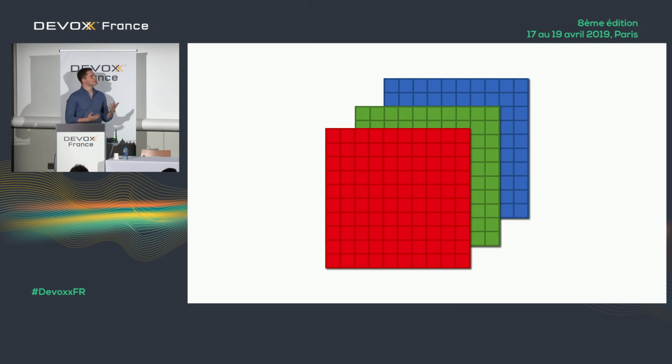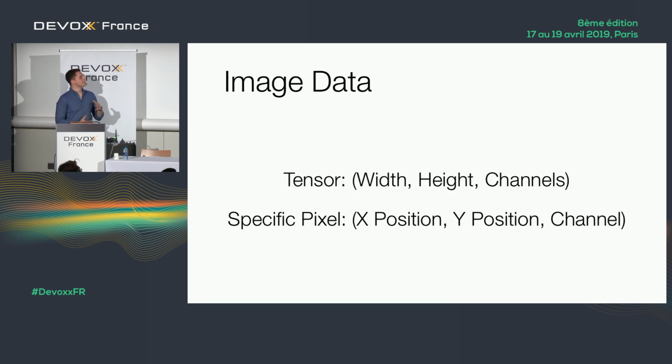So if we're looking at this as a data structure, each image is going to have 3 matrices, or 3 2D arrays, one for each of those color channels. So in summary, each pixel has a position x and y, and each of those 3 channels holds the intensity of that base color.